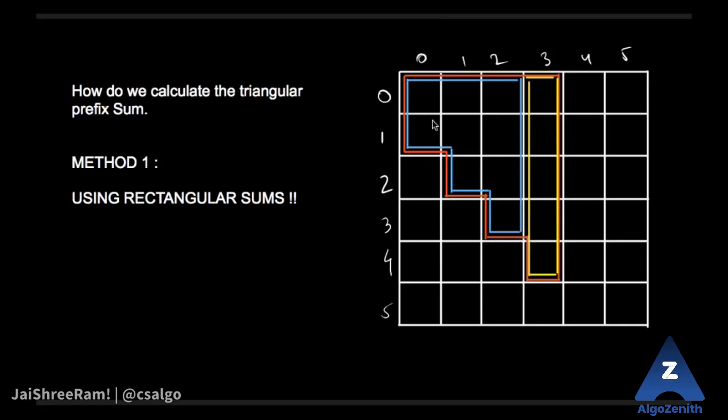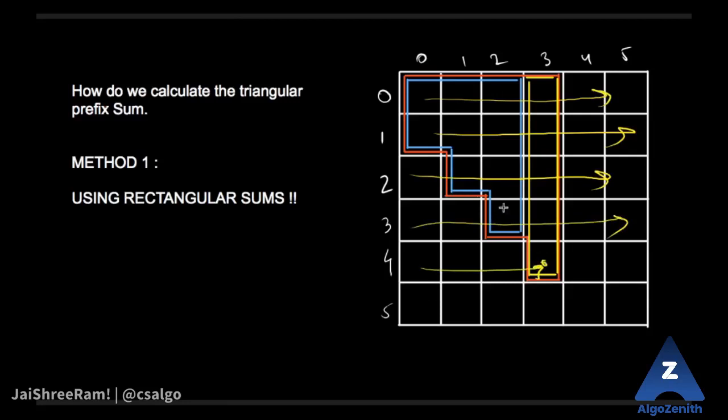This triangle starts over here and this rectangle starts over here. If we compute things in row major order, then when you come to this value, you know that this value has already been computed. So you have this value and you know this rectangular sum.